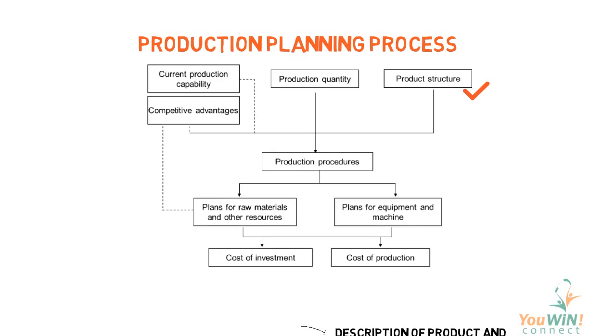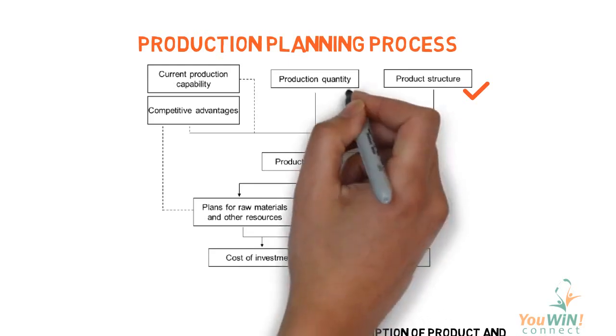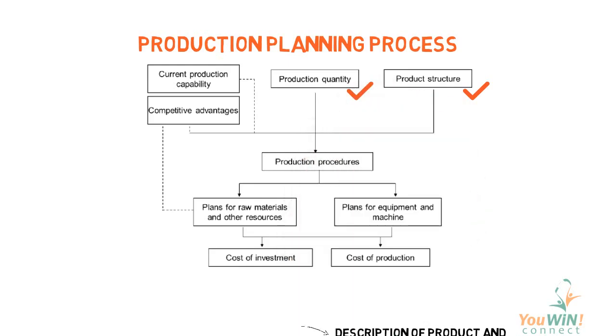And the production process also describes every product in case you are producing several products. The production planning process also takes into account the production quantity. How much of each type of product you need to produce.